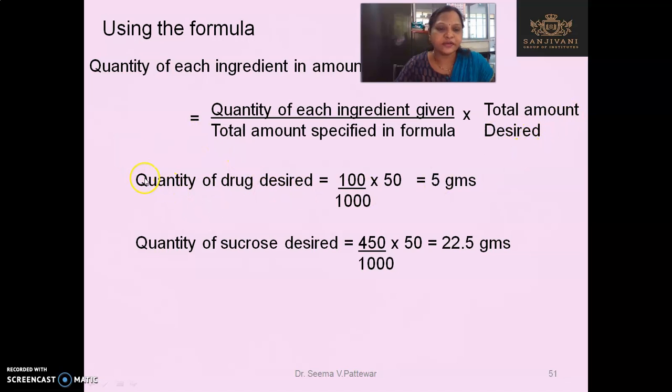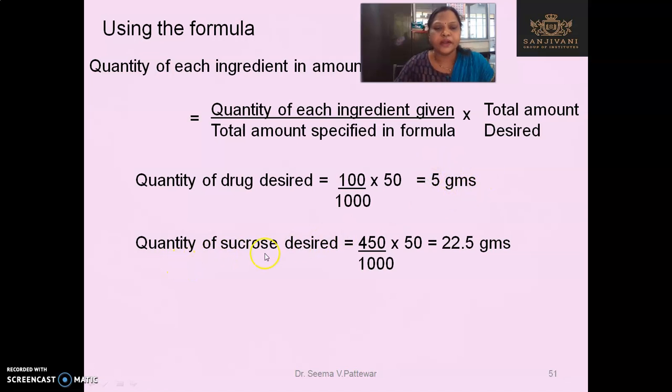First we will calculate the quantity for the drug. The drug is required 100 gram for 1000 ml, and you have to calculate for 50 ml. So 100 divided by 1000 multiplied by 50 is equal to 5 gram. So for 50 ml you require 5 gram of the drug.